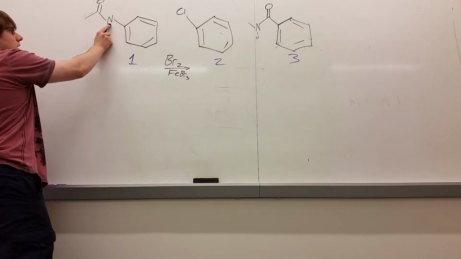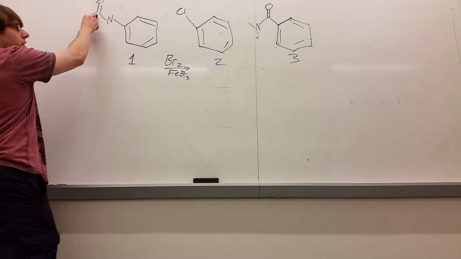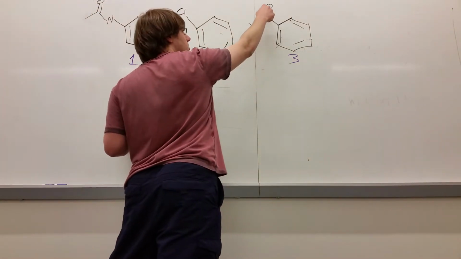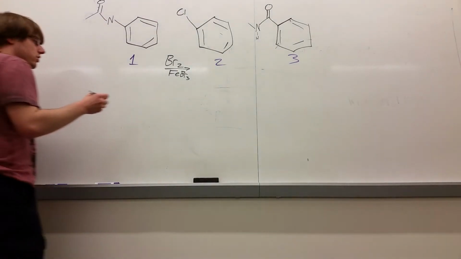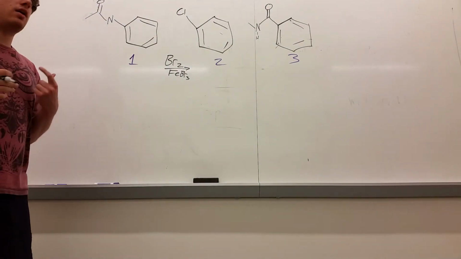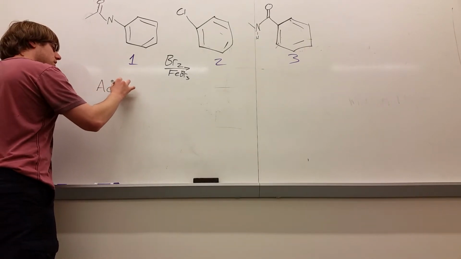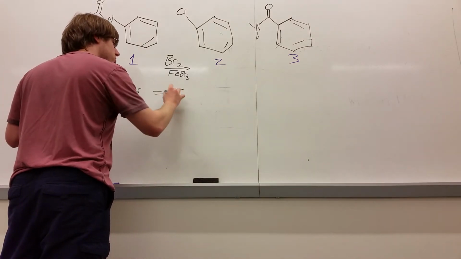We have an amide, a nitrogen single bonded to a double bond O. We have a chlorine, and then we have another amide, but in this case, the double bond O carbon is the one that's closer. If you go to your cover sheet, you're going to see a list of things that are listed as activators and deactivators. Now, some terminology. Activator is synonymous with electron donating group.